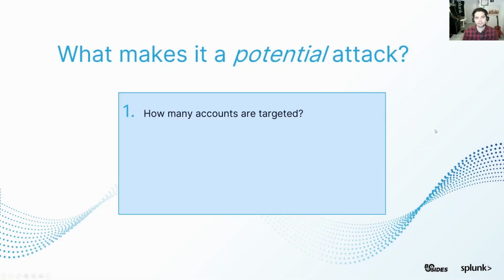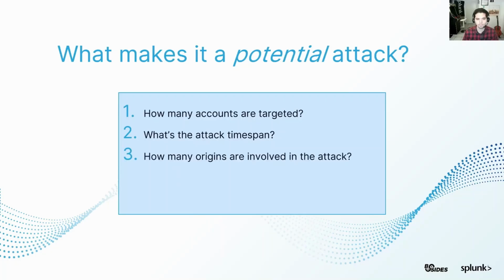So what makes it a potential attack? What are the characteristics that I'm looking for when I'm designing this sort of detection? I need to know how many accounts are being targeted. I need to know the attack time span: when the attack started and when the attack ended. How many origins are involved in the attack, if the attack is coming from only one single source IP or from multiple IPs.